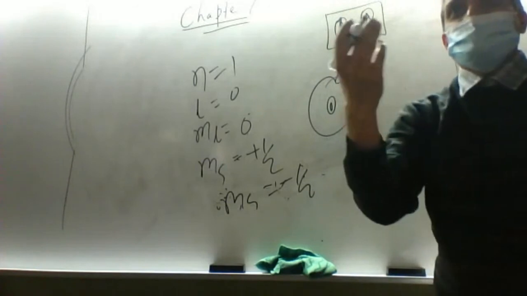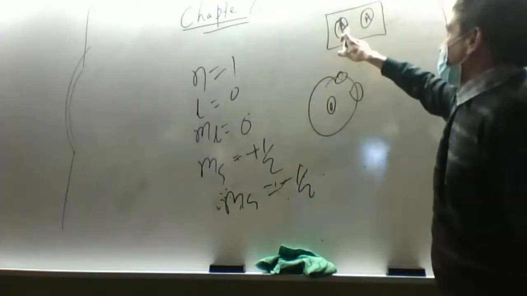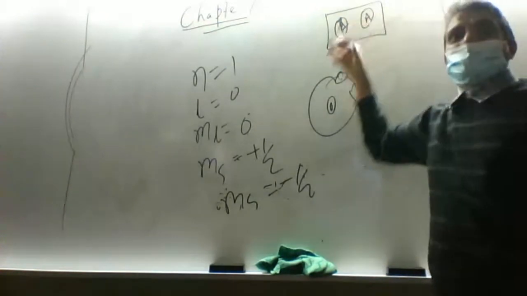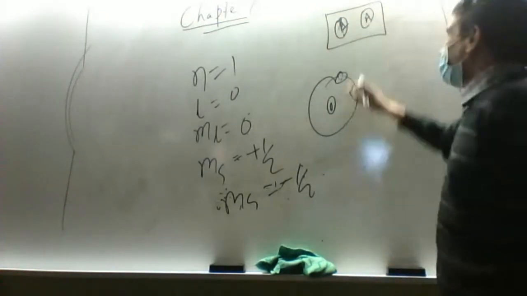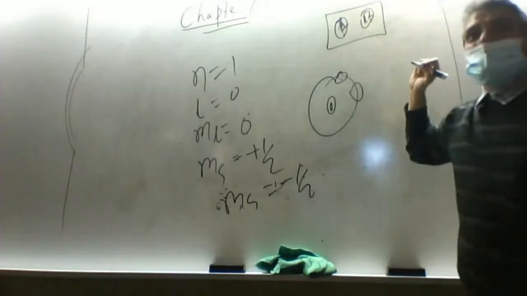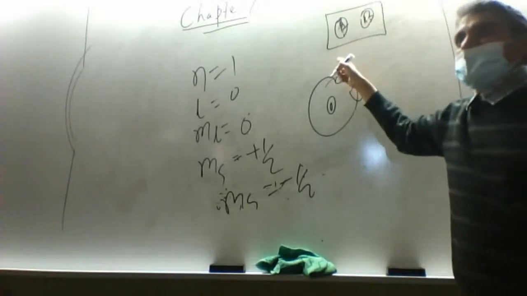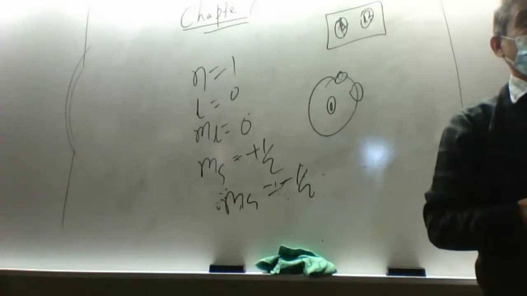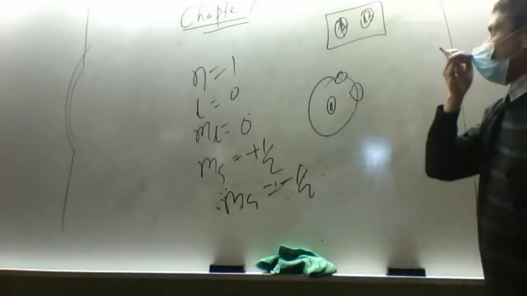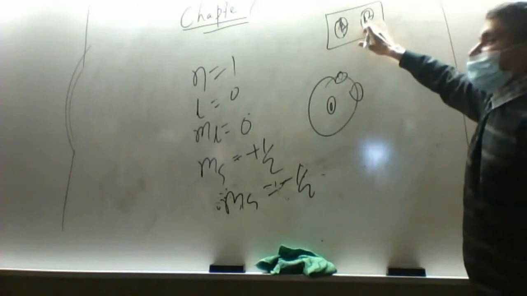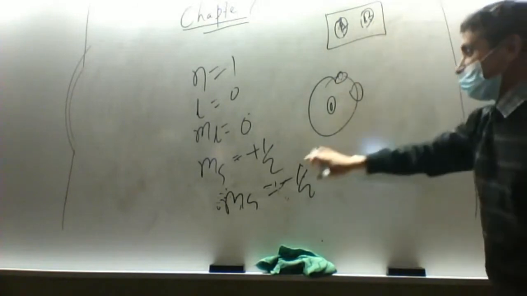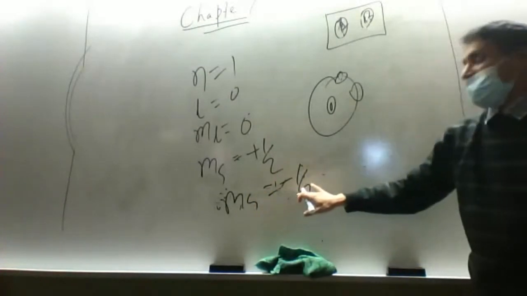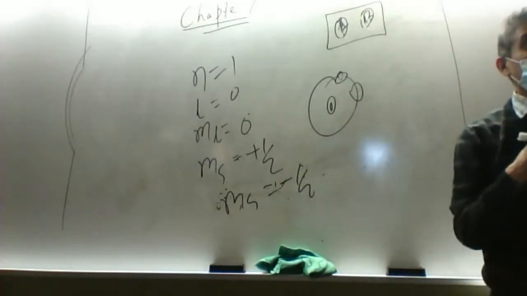So another person must be B, right? One person cannot duplicate and sit next to its own replica. So if one electron is A, the other electron must be B. That means ms is +½, which is like A, and ms is -½, which is like B.